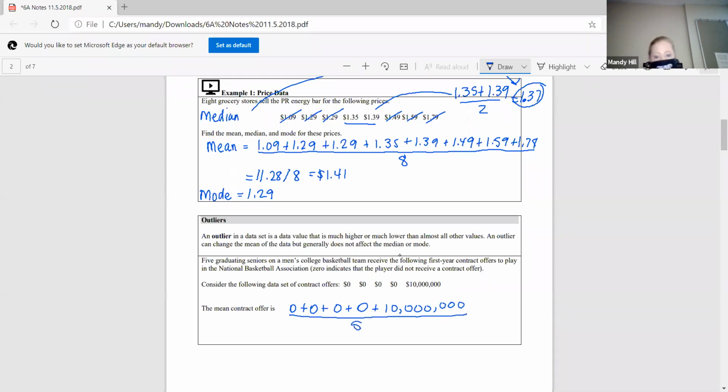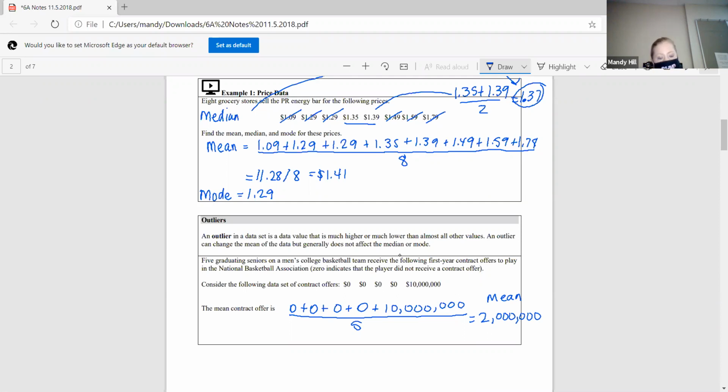When I divide by 5, I would get $2 million. That would be my mean. Not really a good way to talk about this data set because it doesn't really represent what's going on. In fact, 4 of them didn't get anything, so the mean would not be a good way to talk about this. That outlier did affect the mean though.